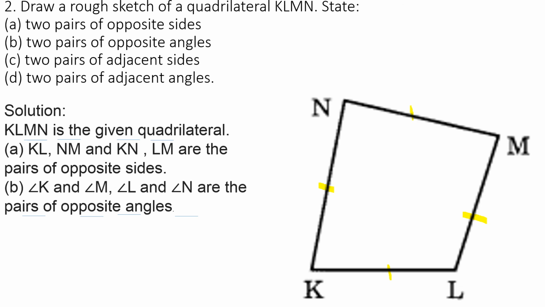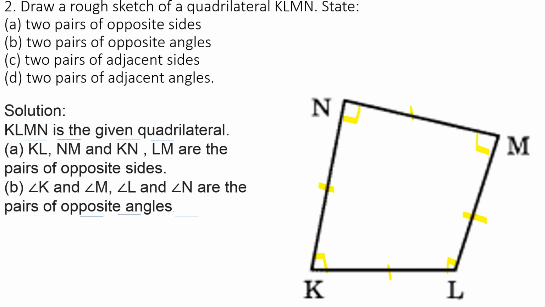Then question B: two pairs of opposite angles. What are they? See here, angle K and angle M, then angle L and angle N. If you add those four angles, angle K, angle L, angle M and angle N, you will get 360 degrees.